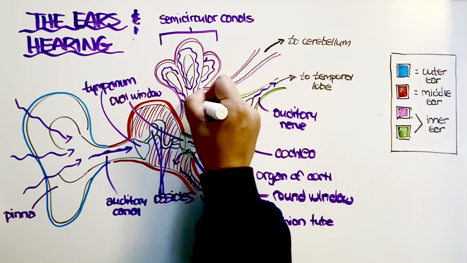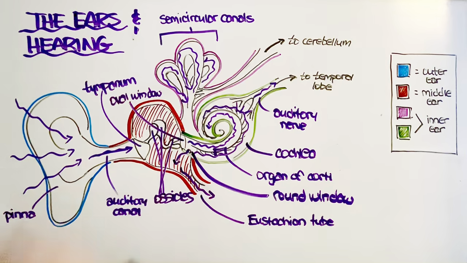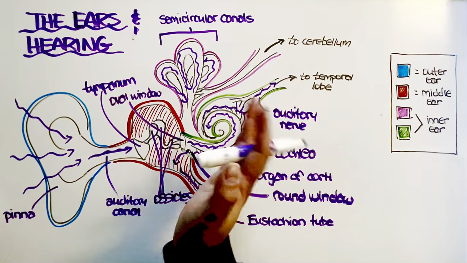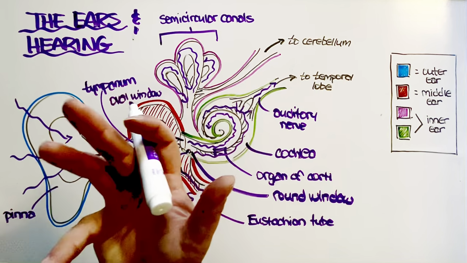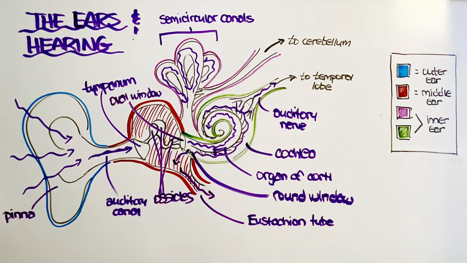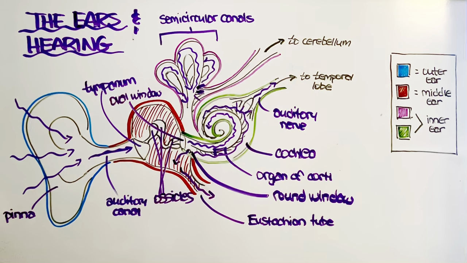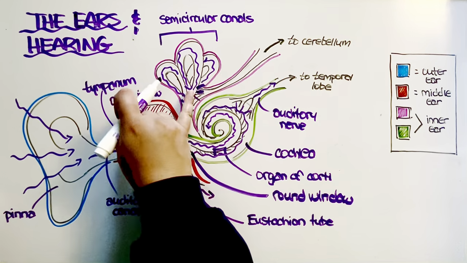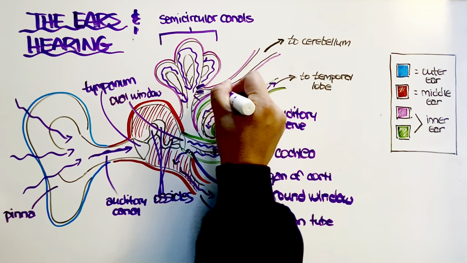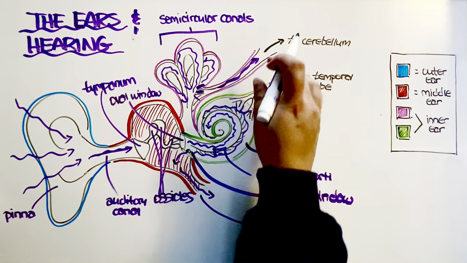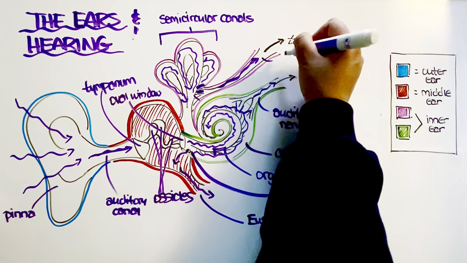Instead, the fluid that circulates through these long windy tubes, that fluid moves in response to changes in our head position. So anytime we tilt our head or rotate around, that is what triggers movements in the fluid of the semicircular canals. And then hair cells within the semicircular canals vibrate just like in the cochlea. And when they vibrate, they produce action potential, which is then picked up by this nerve here called the vestibular nerve.